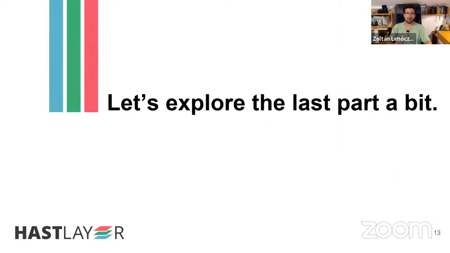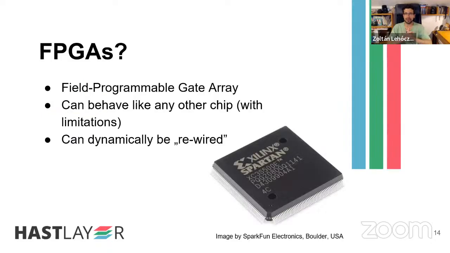Now, let's talk about that last part a little bit, GPUs and FPGAs, because you may be wondering what FPGAs actually are. If you haven't heard of FPGAs before, the acronym FPGA means Field Programmable Gate Array. You can think of these as computer chips that can basically be rewired on the fly.